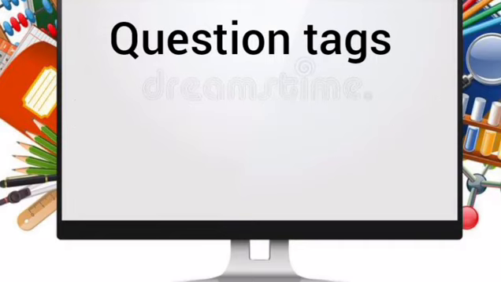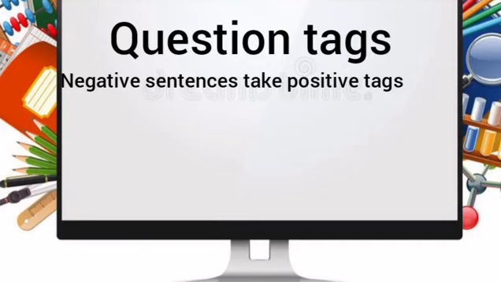Next, a negative sentence takes a positive tag, right? So how will you identify a negative sentence? If the verb has a negative word, not, didn't, no, you will identify that it is a negative sentence.